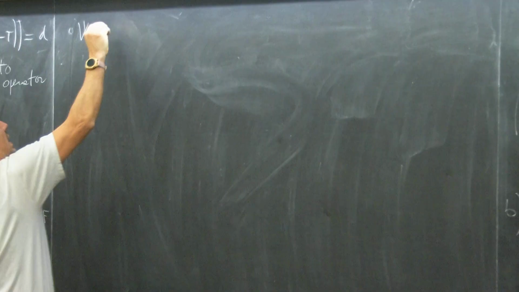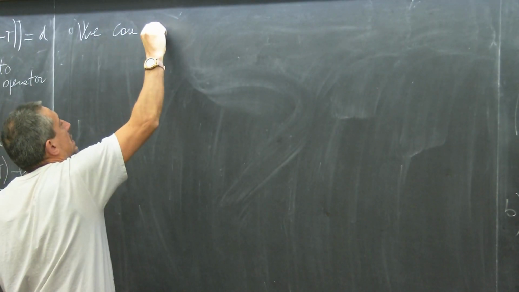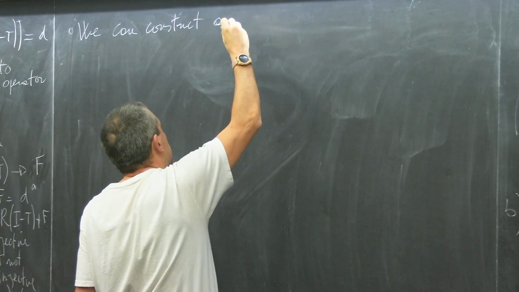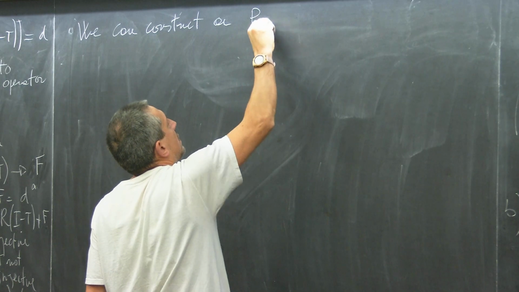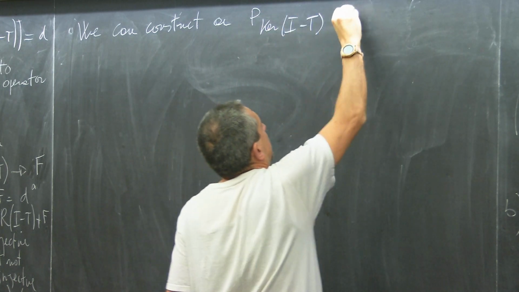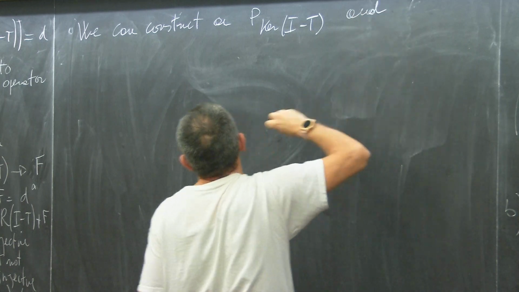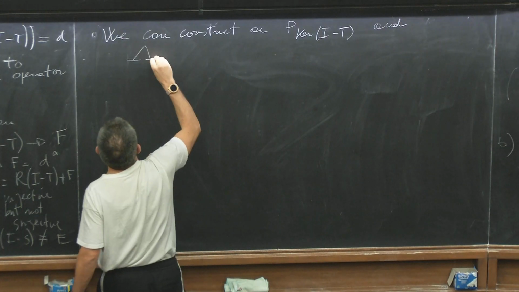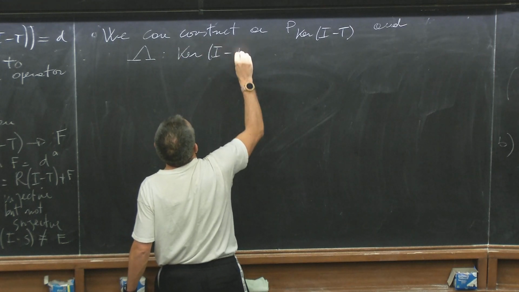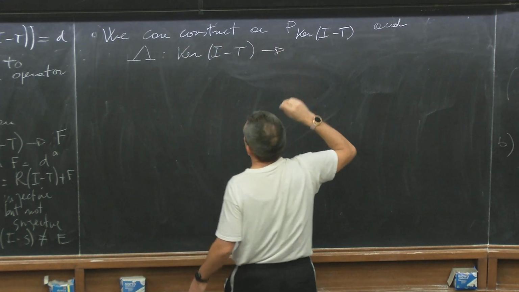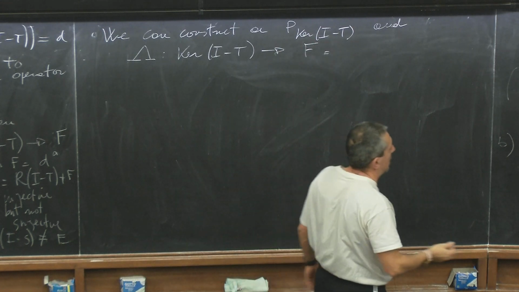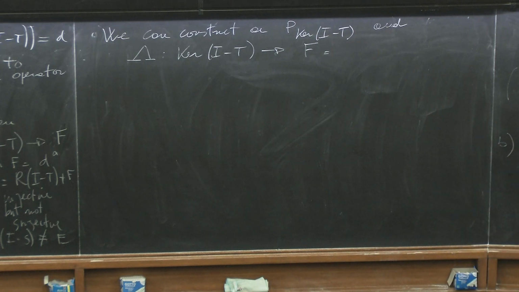So we can construct a continuous projection on the kernel and a map lambda which maps the kernel into this space F, which is the span of this over here.